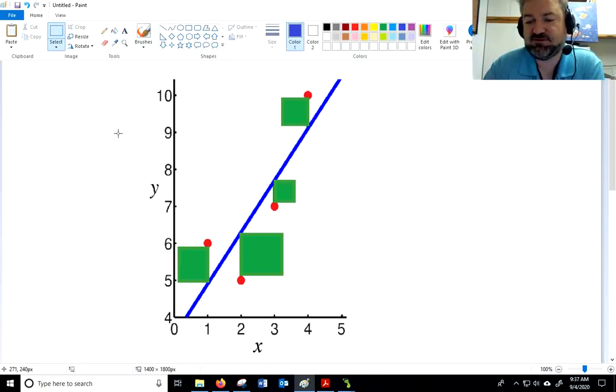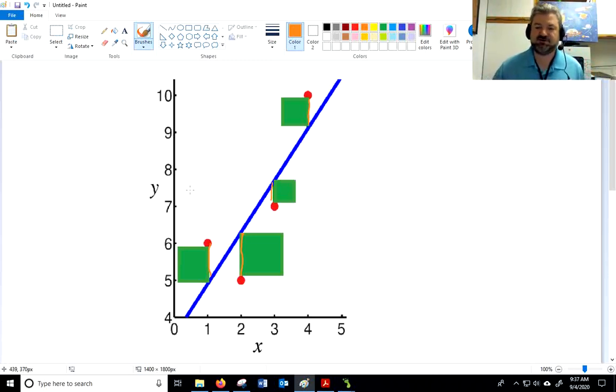Our purpose is to draw vertical lines from each data point back to our line of best fit, and then construct the square of that, which is represented by these green squares. And what we're trying to do is find a line that when you add up all of these areas here, all the area of these green squares, that area is as small as possible.